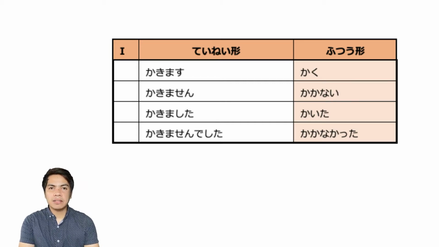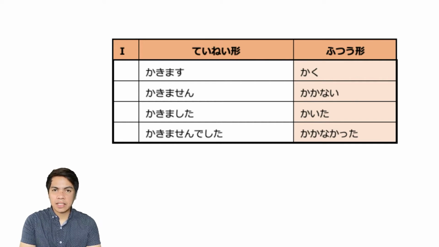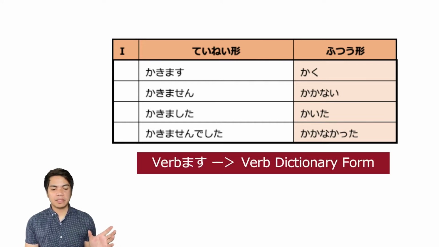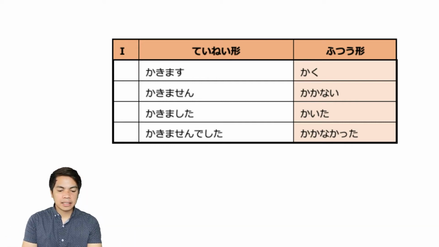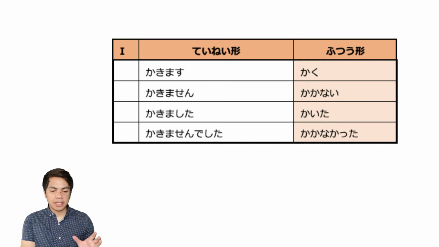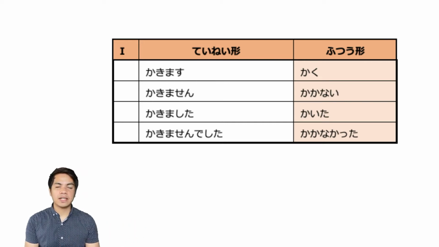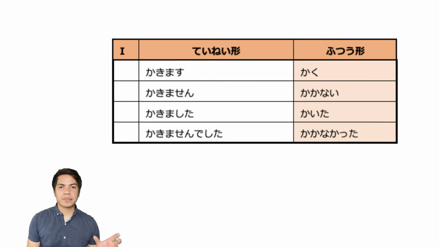As we learned before, kaku is a dictionary form. Remember that the dictionary form of verbs is the plain style of the masu form. Next, kakimasen. The plain style for masen is nai. We already learned how to conjugate the verbs to their nai form.